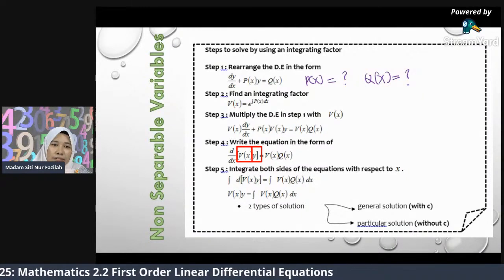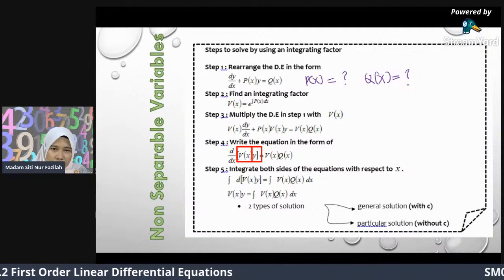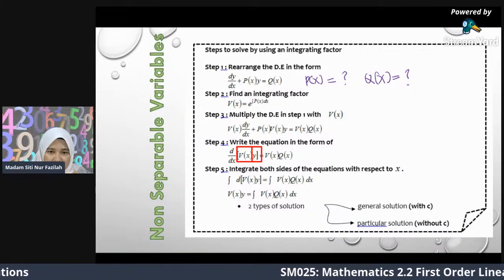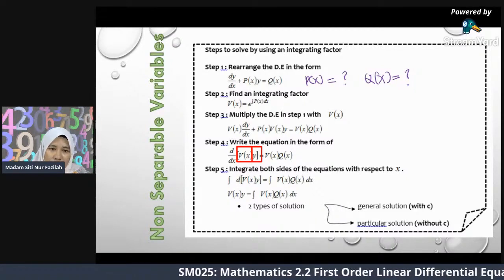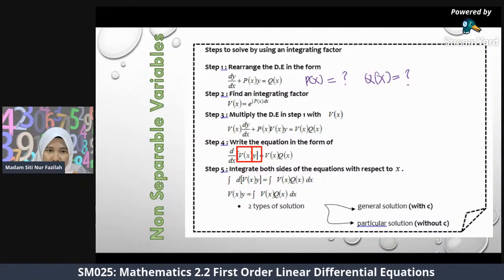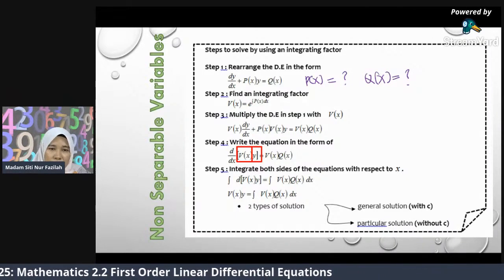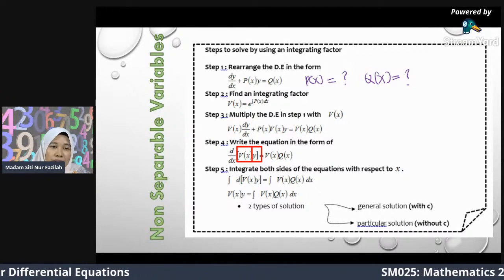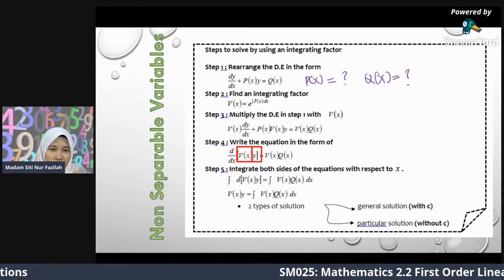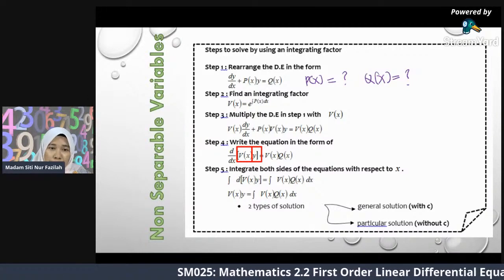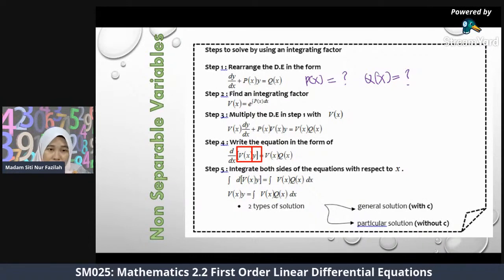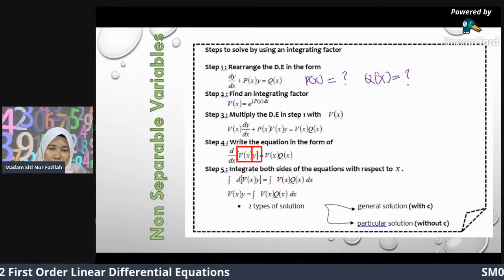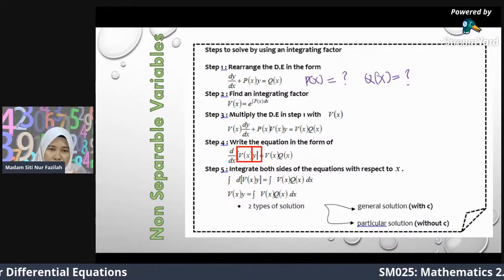And then for step 5, we need to integrate both sides of the equation with respect to x. For the left side, we get V(x)y from the integration. And then we integrate the right side, the product of V(x) multiplied with Q(x).